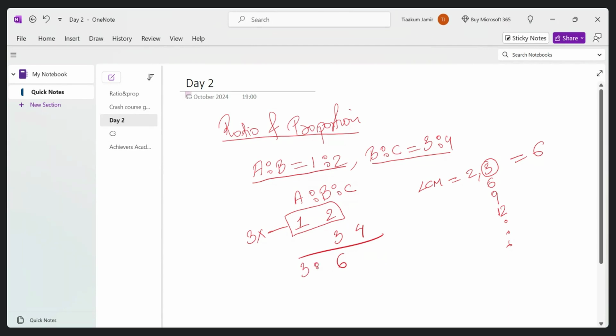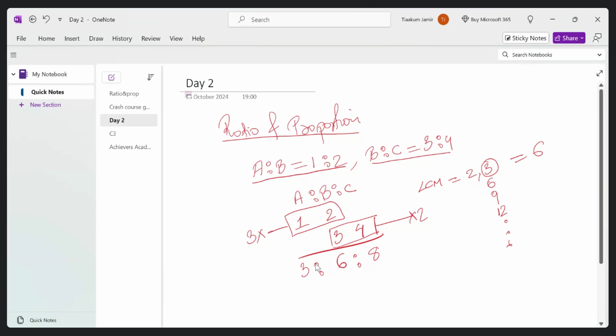Similarly, in the other equation, multiply so that B is 6. 2 3s are 6, and 4 3s are 12... the ratio of A to B to C is 3, 6, and 8.